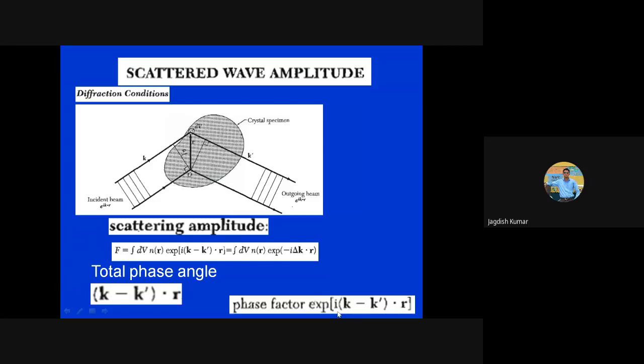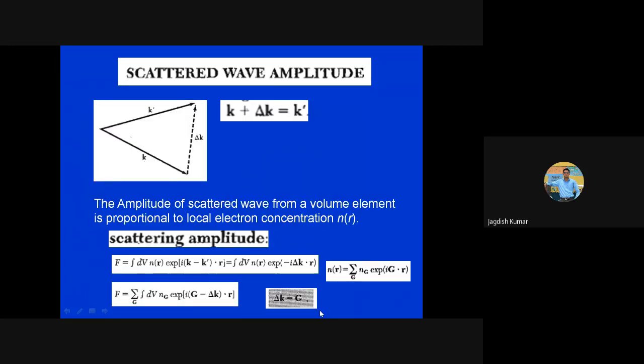Again, I hope you have done it somewhere in your wave optics or something like this, so I'm using it directly. That is what is going to give you the scattering wave amplitude. The scattering wave amplitude is given by this equation, where this is your delta k dot r vector. Delta k now is nothing but the total change in the wave vector. So this is another way of looking at this.